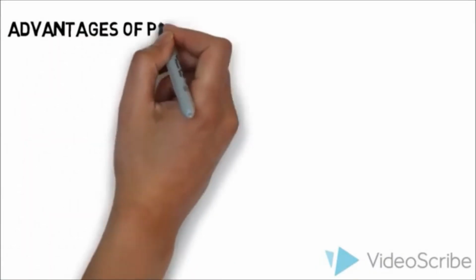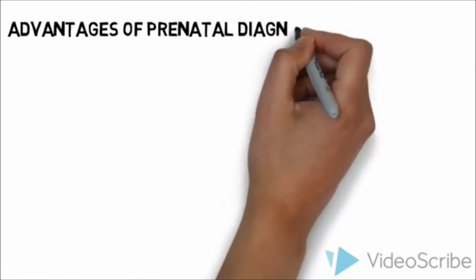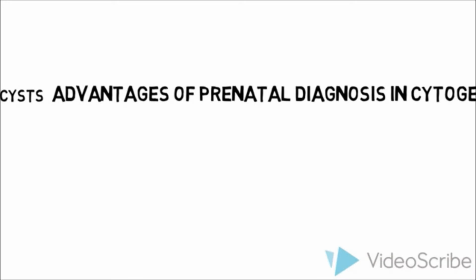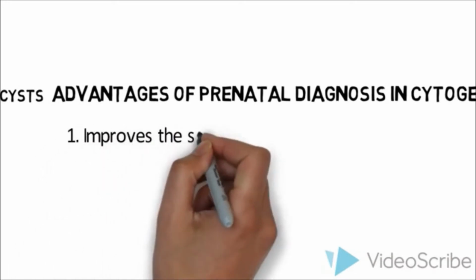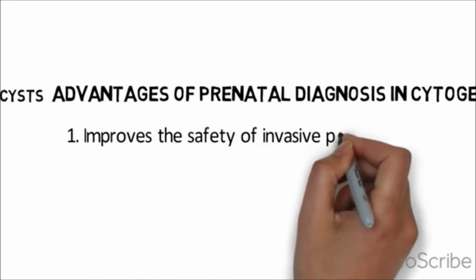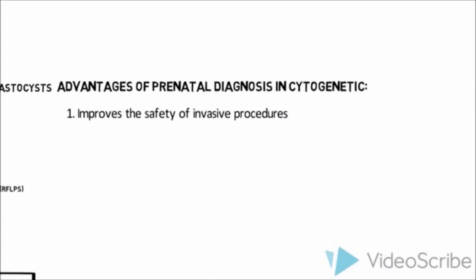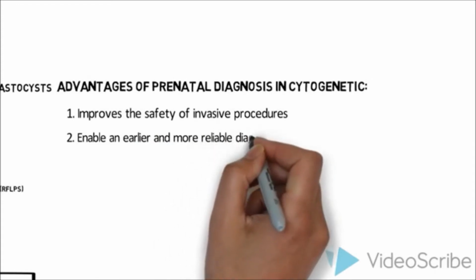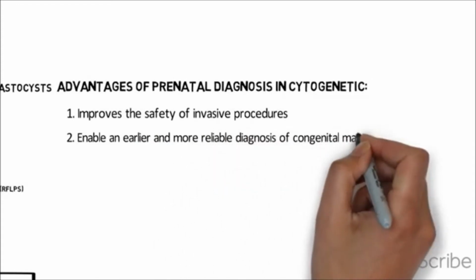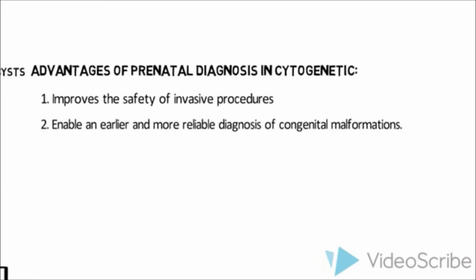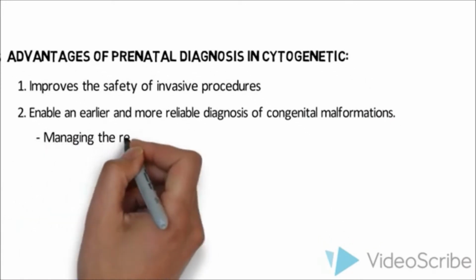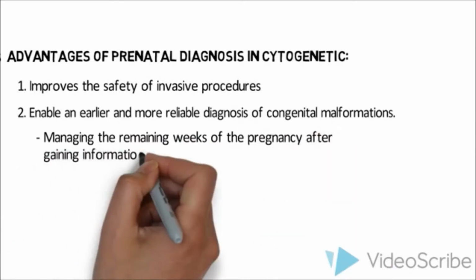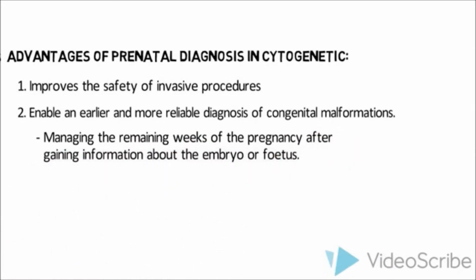Next, we proceed with the advantages. The advantages of prenatal diagnosis in cytogenetics. There are a lot of advantages. The first one is that it can improve the safety of invasive procedures. Next, it can enable an earlier and more reliable diagnosis of congenital malformations, which means that we can manage the remaining weeks of the pregnancy after gaining some information about the embryo or fetus condition.